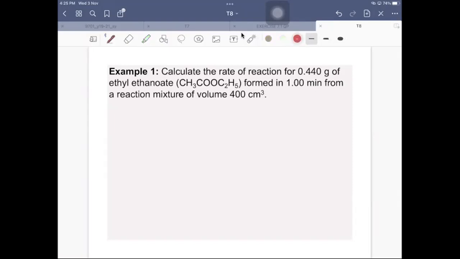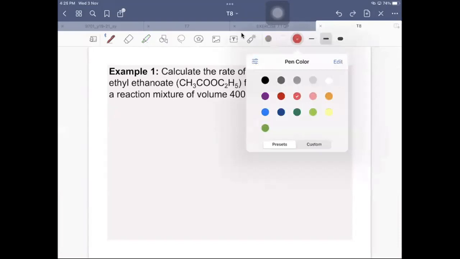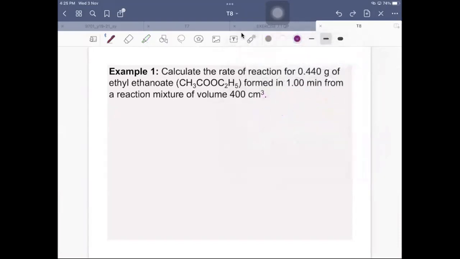The rate of reaction is best found graphically, because you can find the rate of reaction at different times or different concentrations. But this one, just for the purpose of practicing our formula, rate is equal to change in concentration, delta meaning change, over time.